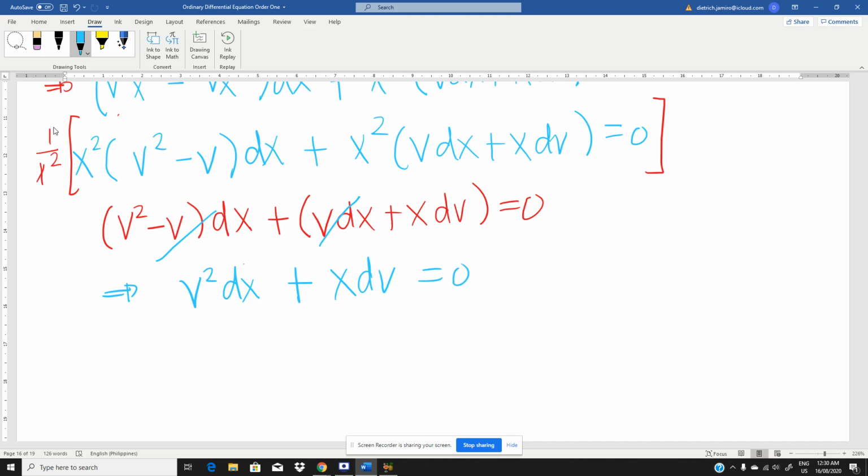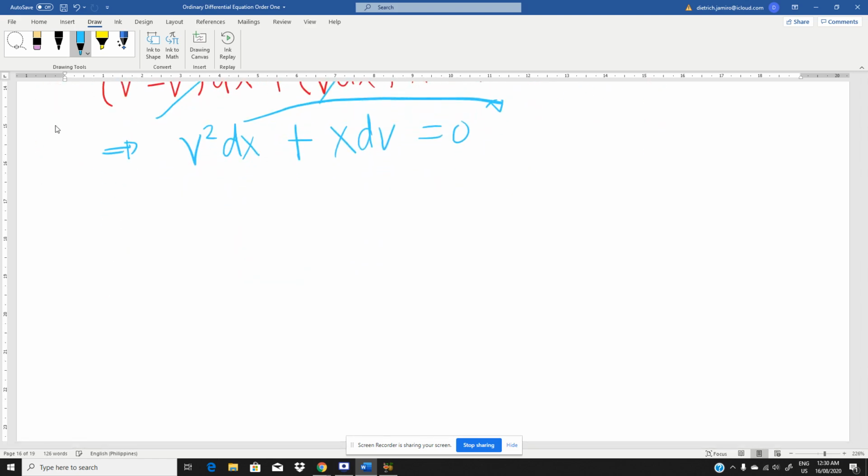Then transposing this one to the other side of the equation, we will have x dv = −v² dx.